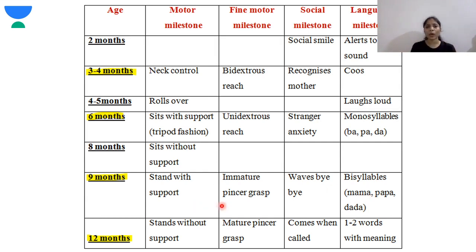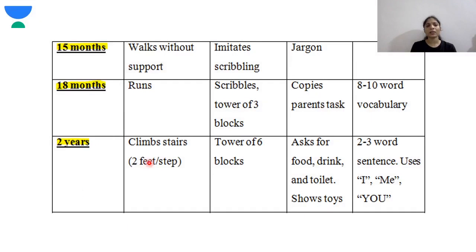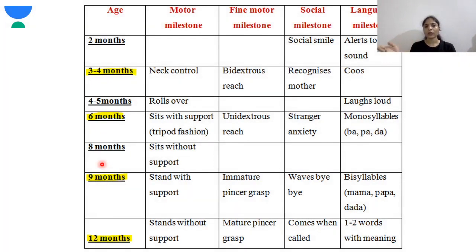For now, remember 3 months, 6 months, 9 months, 12 months, 15, 18, and 2. These are all multiples of 3. These are the important ones. In between you can remember later, and I will slowly ask.